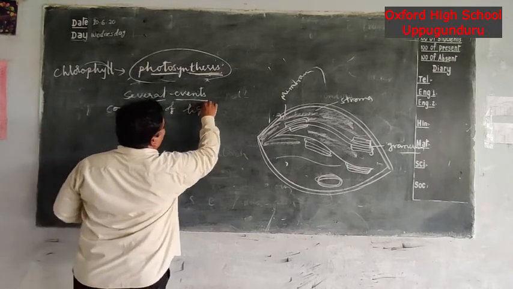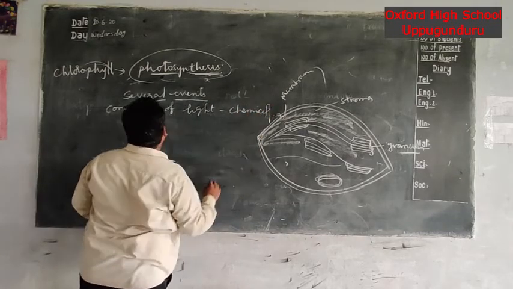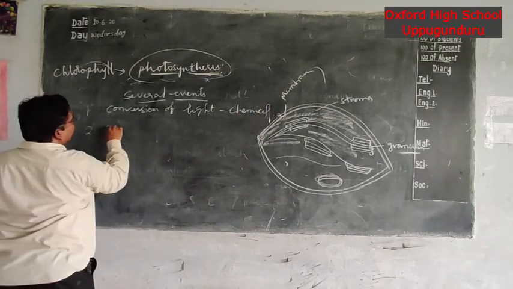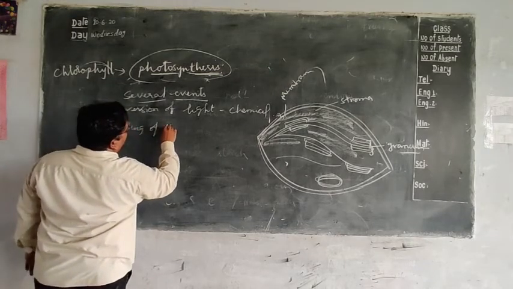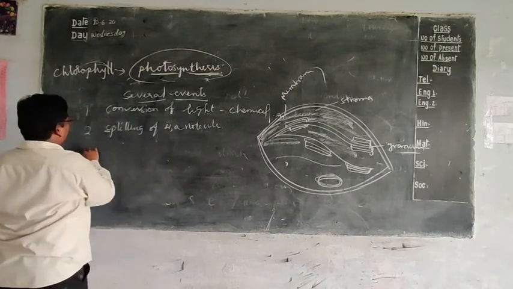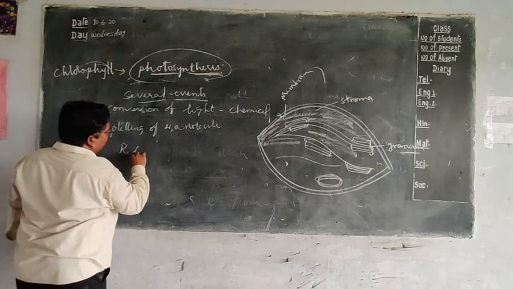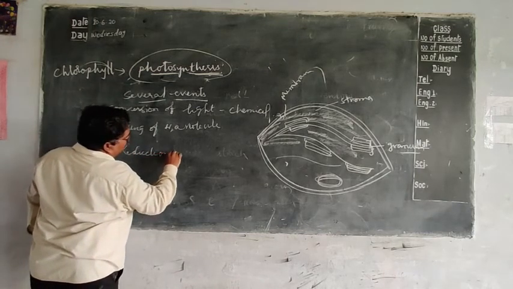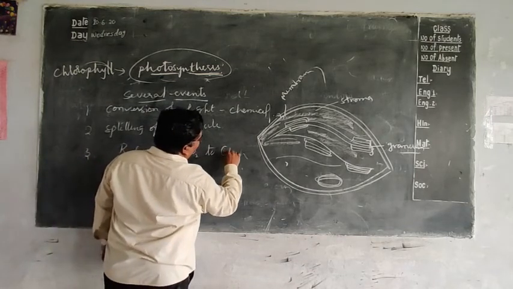Second one is splitting of water molecule. And third one is reduction of carbon dioxide to carbohydrates.